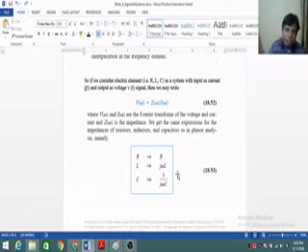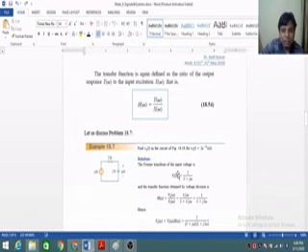The only difference between the Laplace analysis and the Fourier analysis is that Laplace analysis takes care of initial conditions, whereas in Fourier analysis we consider the circuit to be initially at rest, that is, there is no charge on the capacitor and no current flowing through the inductor. This is the assumption we will make in this analysis.